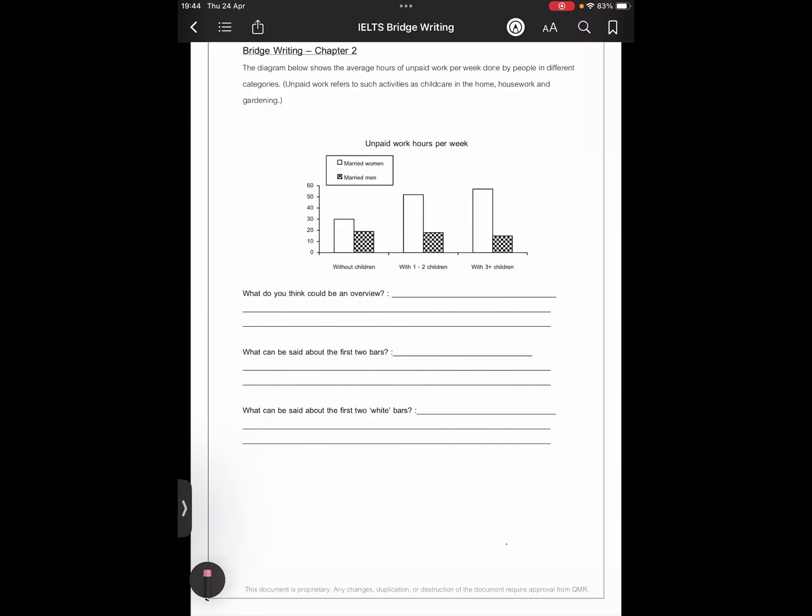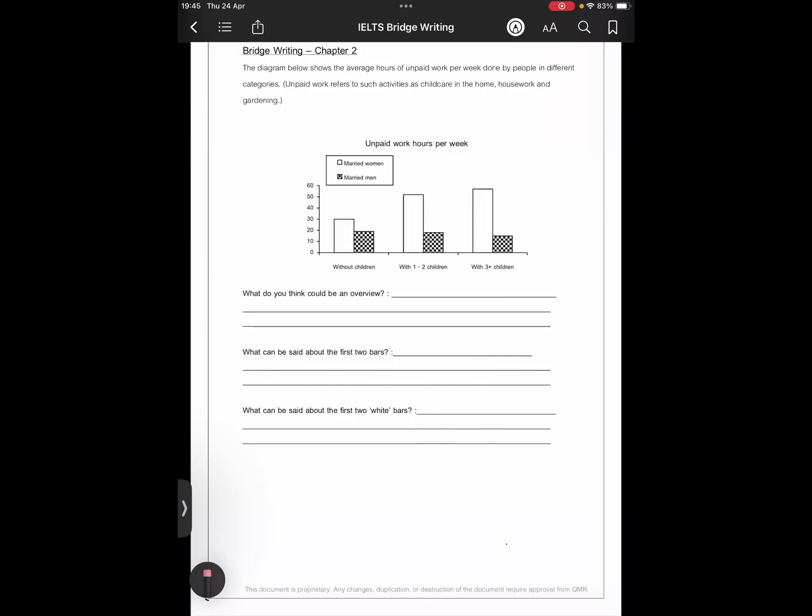But with 1 or 2 children, the number of hours just jumped to 50. Now with 3 more children in the family, the number of hours jumps a little bit to about 50.